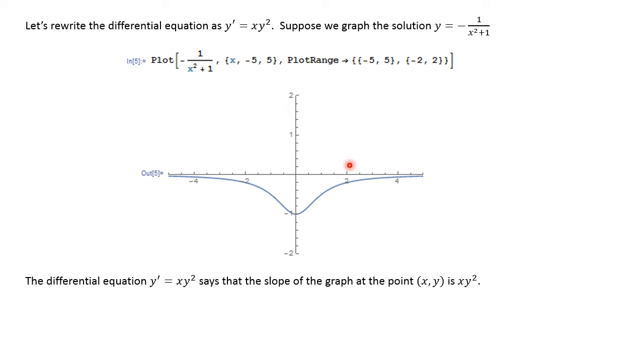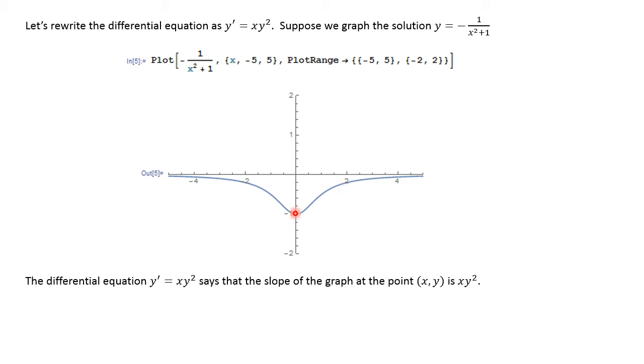So for example, if we go over here to the point 2 comma negative 1/5, then you would find that the slope is, well, it's a small positive slope. Let's see, negative 1/5 squared is y squared, that's 1/25, and x is 2, so positive 2/25 is the slope at this point.